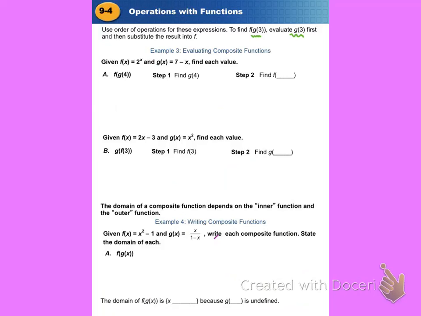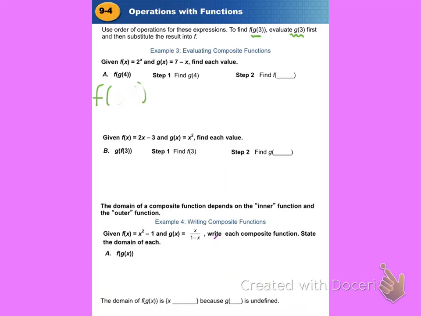So when I think about f of g of 4, if I didn't know what was in the parentheses, let's say this was missing, normally what you see in there is a specific value, like a number, an integer, or maybe even a fraction or decimal. And if you see f of that number, it's saying take that number and substitute it into the function f.